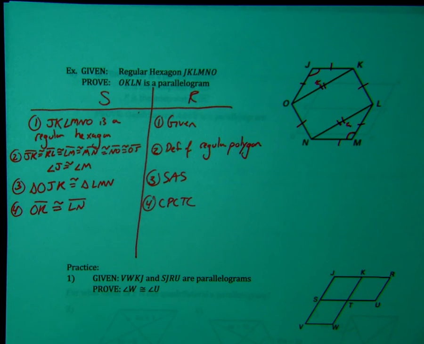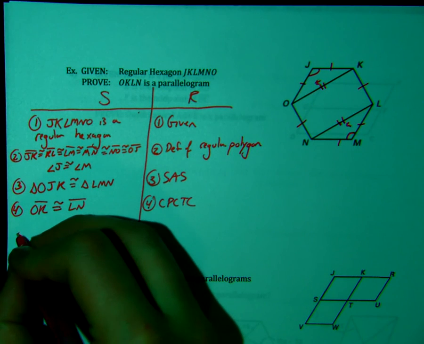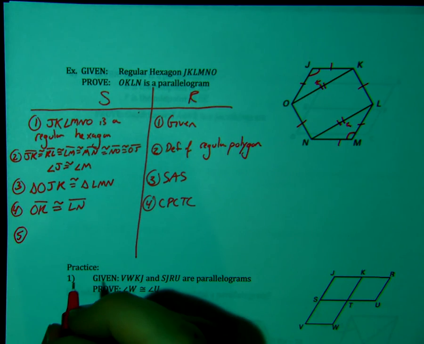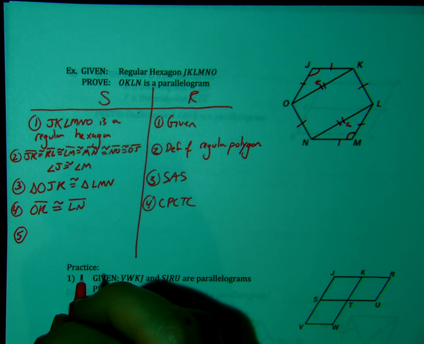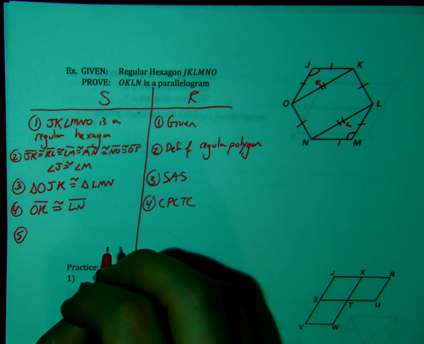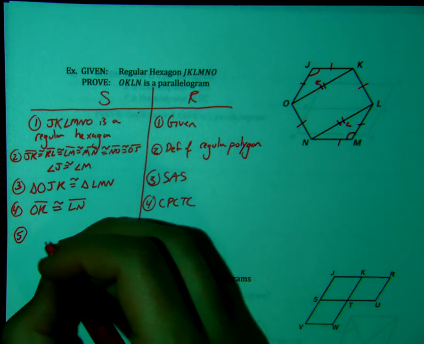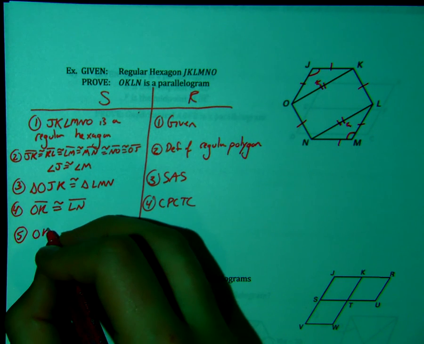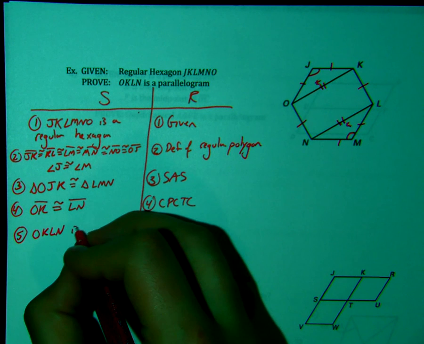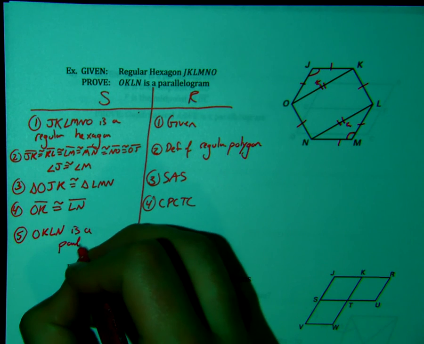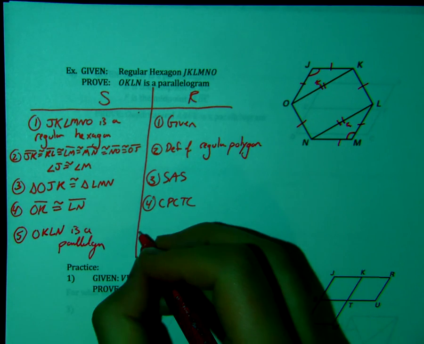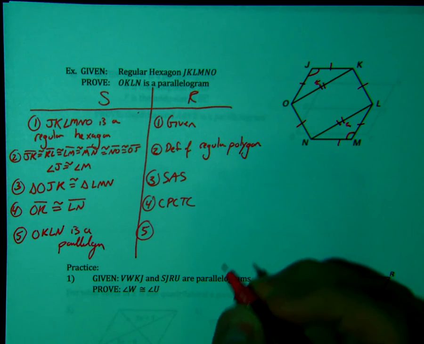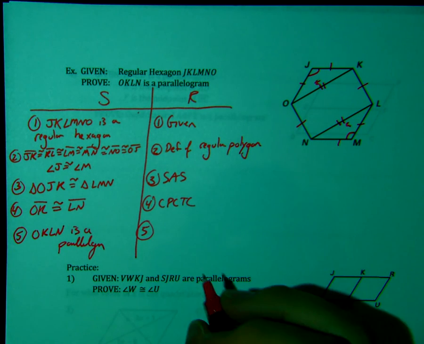All right. Now, as much as I want you to know the reasons why you're able to prove things to be a parallelogram, I don't really care about you memorizing the numbers. Okay, so we've proven now that OKLN is a parallelogram. And I definitely don't want you to memorize things to the extent where you're saying that this is theorem 8.7.